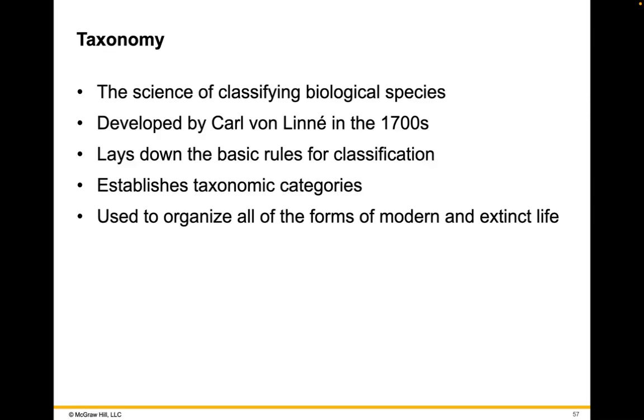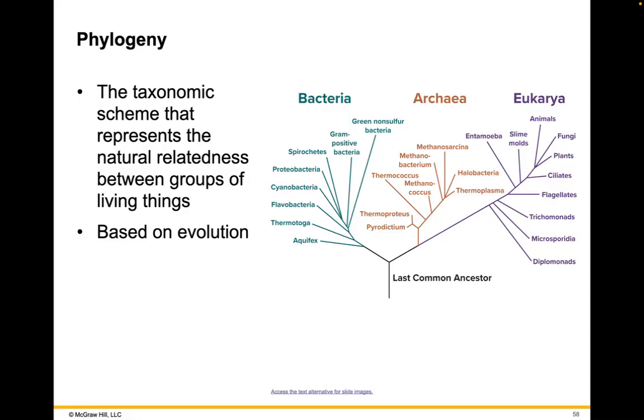So as I've been just using this, taxonomy is the process or science of classifying biological species, naming them, putting them into these taxa, these groups. And Carl von Linné in the 1700s came up with these basic rules to follow and established these categories. And we've used them ever since to organize not just things that are alive now, but things that are extinct.